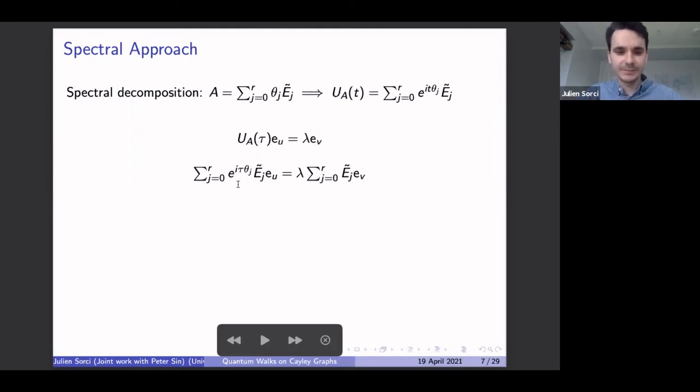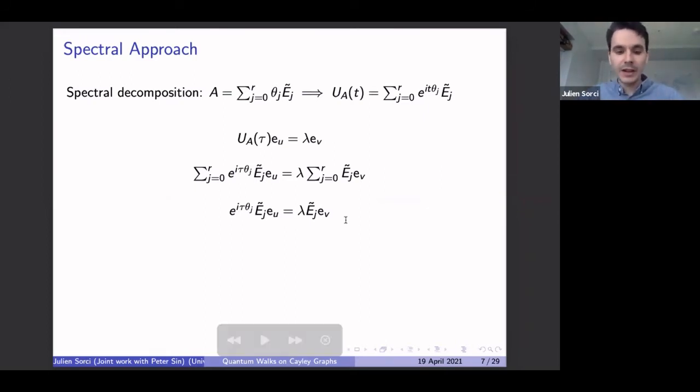And on the right-hand side, we use the fact that the projections sum to the identity to insert them on the right. And now, since these projections are orthogonal idempotents, if I take an E tilde sub j and multiply it on both sides, it kills all the other terms. And then you end up with the jth terms in each sum having to be equal to each other. And so we get that this equation holds for all j.